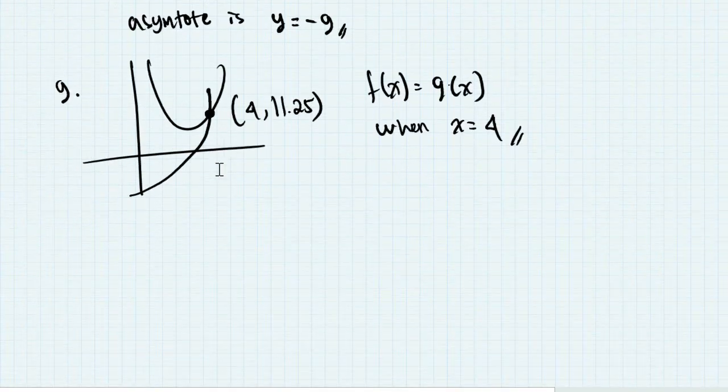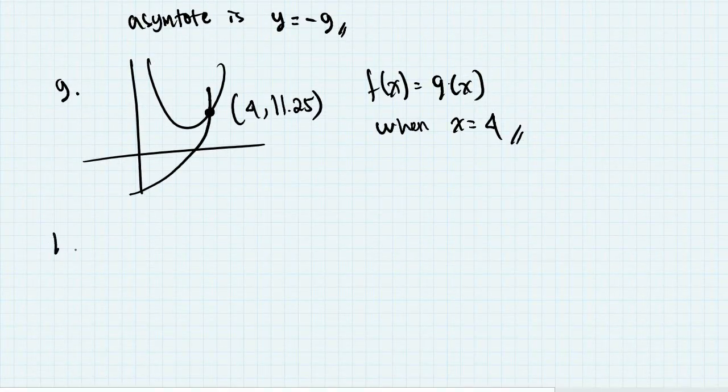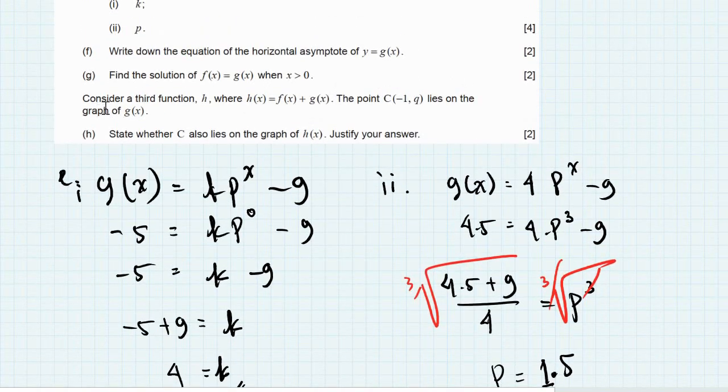H. Okay, we have question H. Consider a third function h. We have the third function where hx equals to fx plus gx. The point C, negative 1 comma q, lies on the graph of gx.